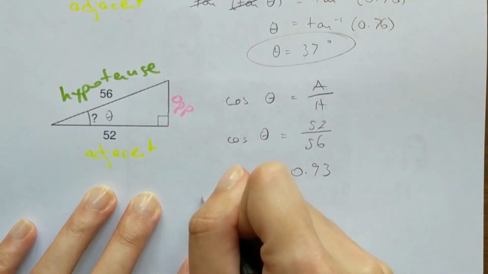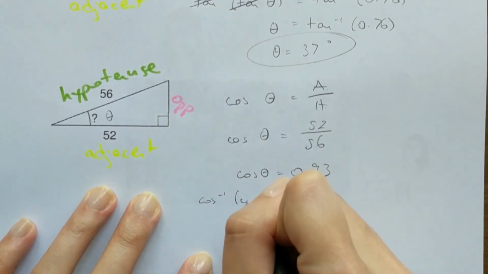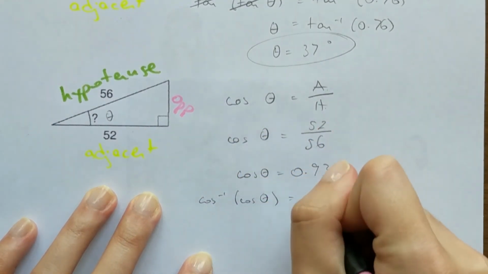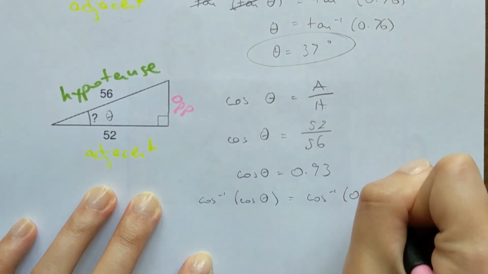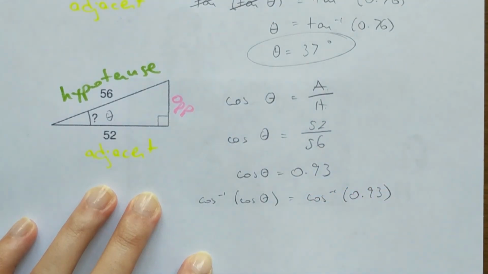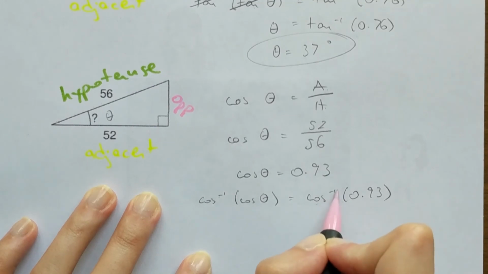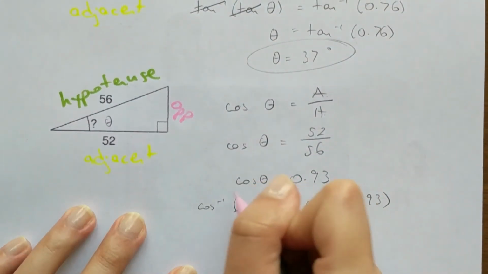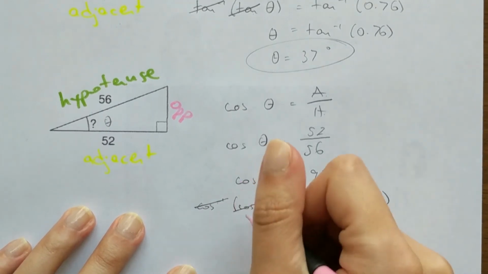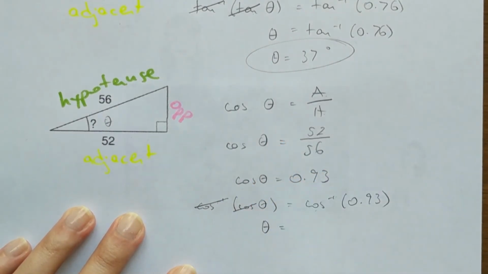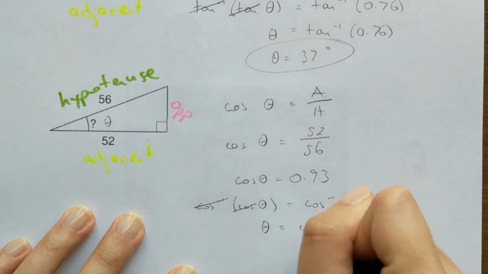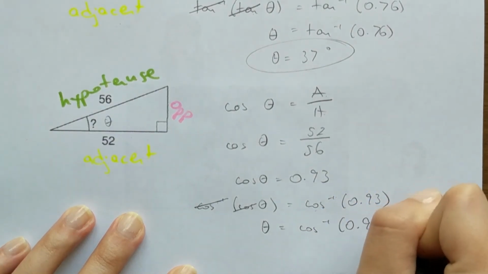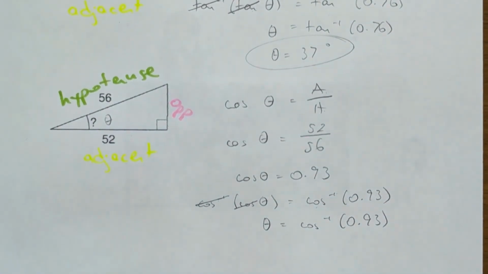So I need to do cosine inverse of both sides. Cosine inverse on the left-hand side allows me to cancel out, leaving me with just theta. And then I can do cosine inverse of 0.93.